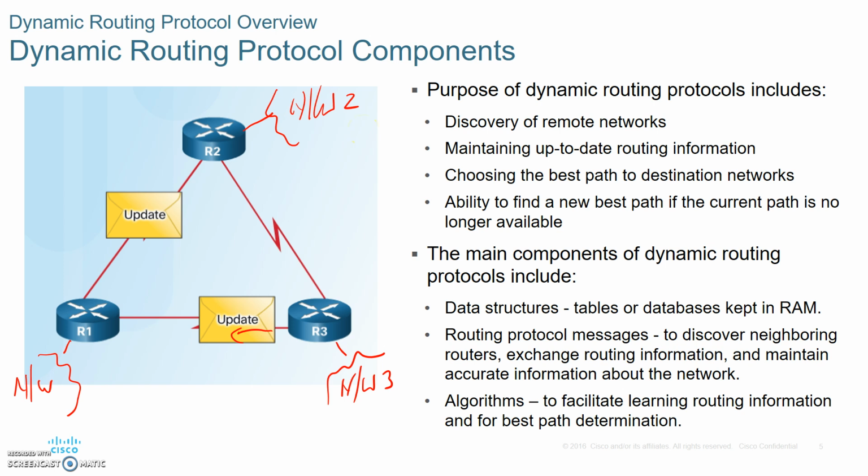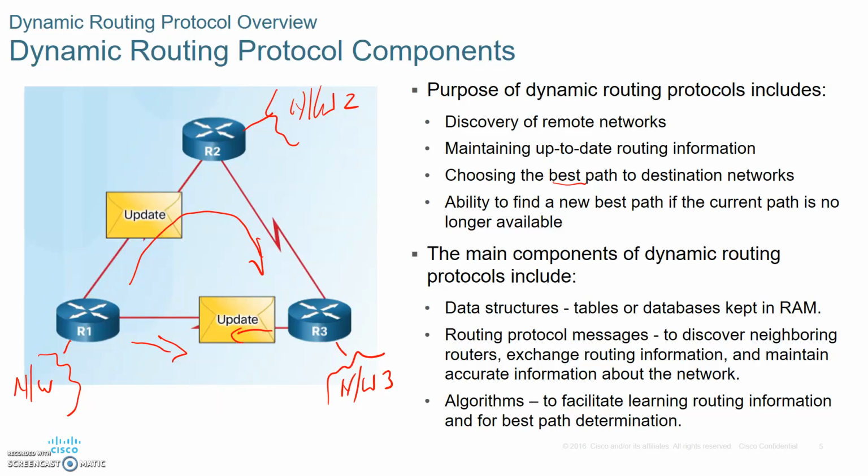The third use of dynamic routing protocol is that you can choose the best path to the destination network. In this example, R1 can use this way to reach network 3. It can also use this way to go to network 3. So which way will you choose? We can ask the dynamic routing protocol to help us choose the best path to reach the destination network.